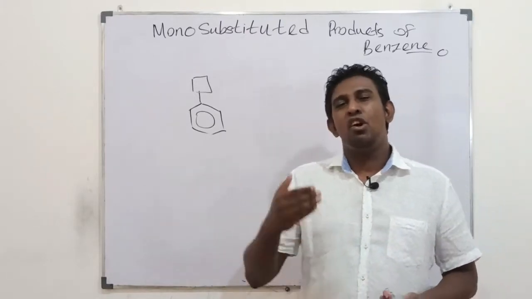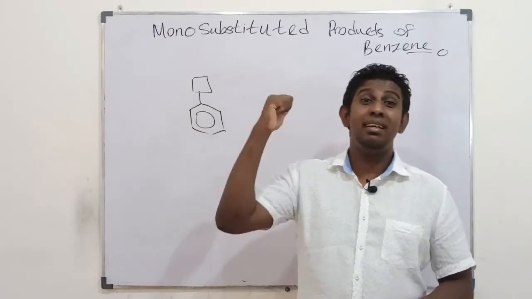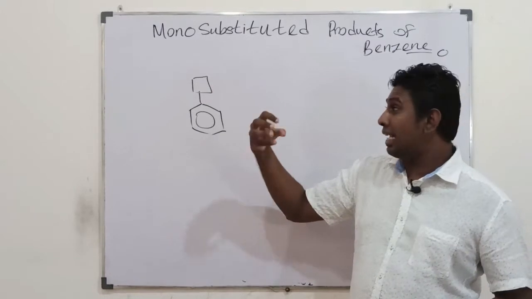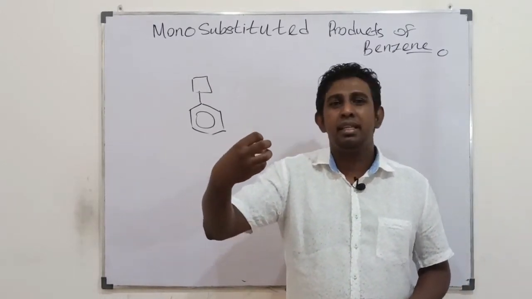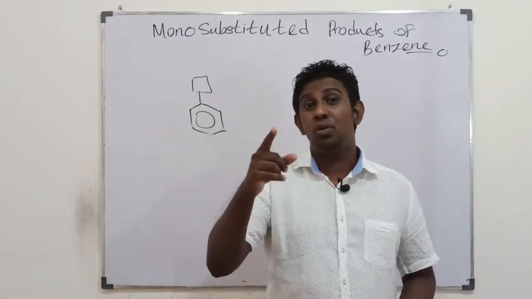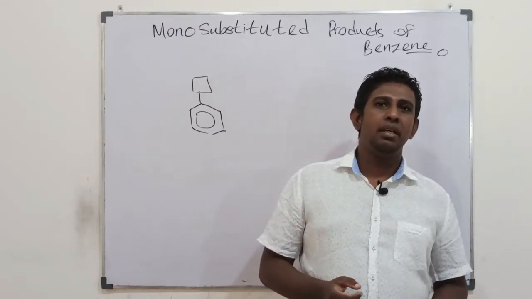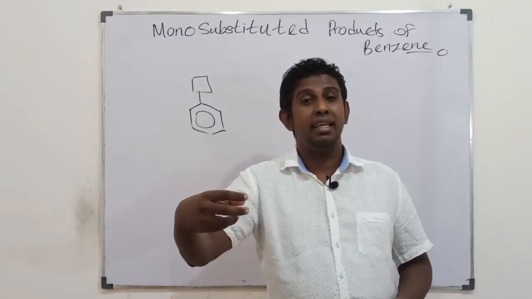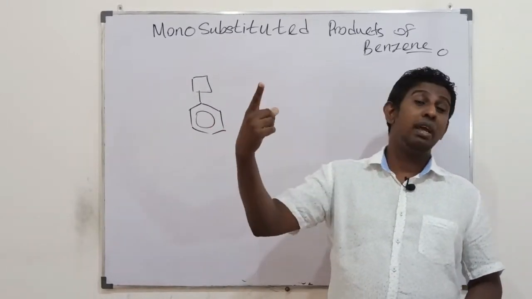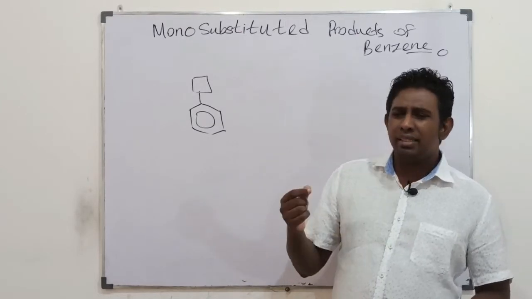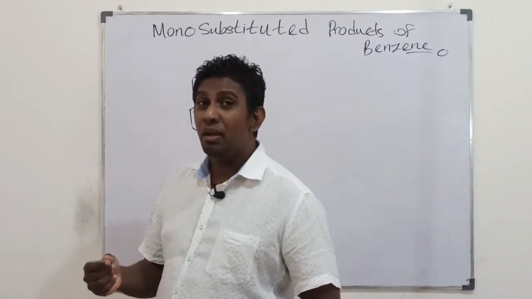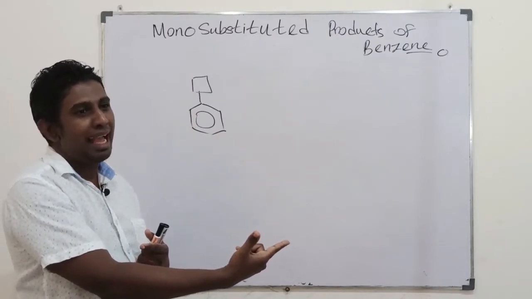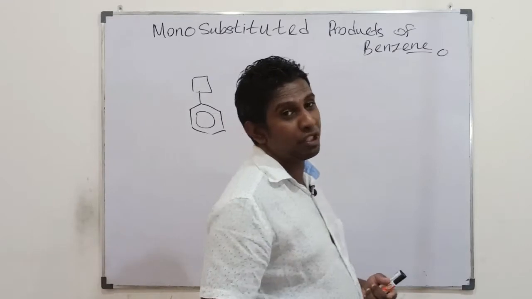Based on that, we earlier found that some of these groups attached on benzene increase the electron density at ortho-para positions, while sometimes electron density is maintained greater at the meta position than at the ortho-para positions. So the electrophile is more likely attached at ortho-para positions sometimes and at meta positions at other times.